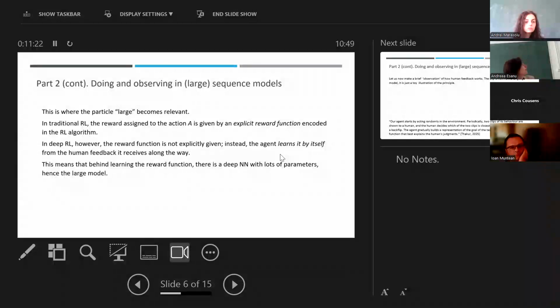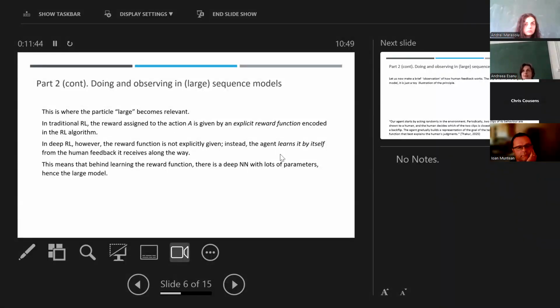Okay, this is where the particle large becomes relevant to the discussion. In traditional reinforcement learning, the reward assigned to the action A is given by an explicit reward function encoded in the RL algorithm.